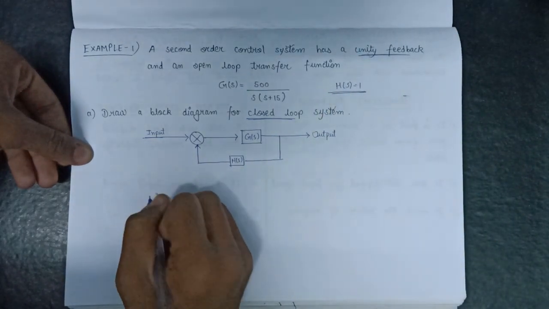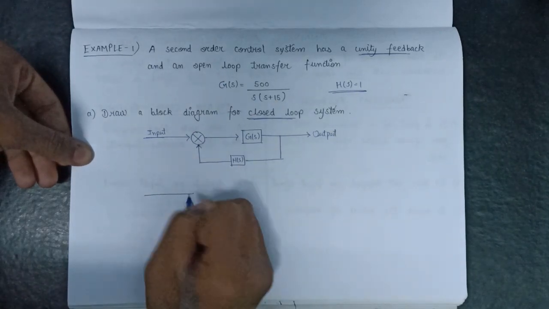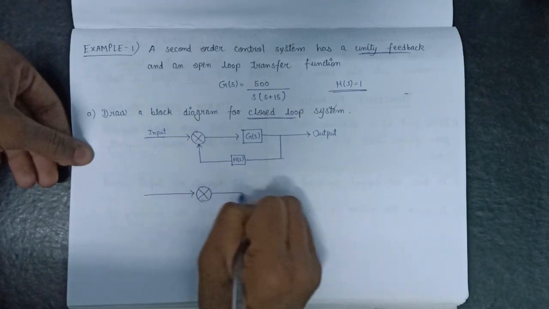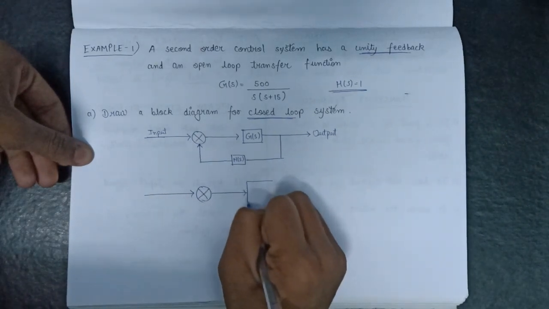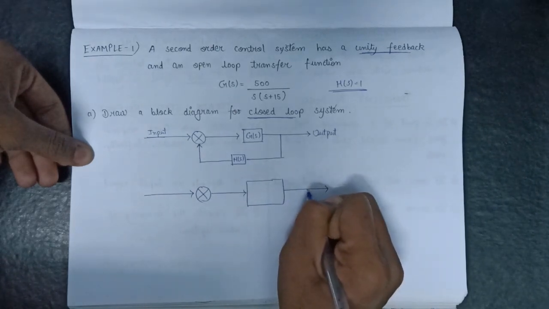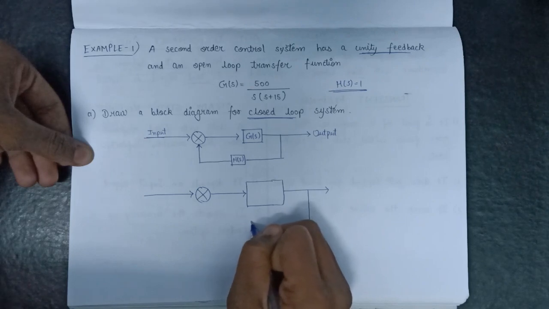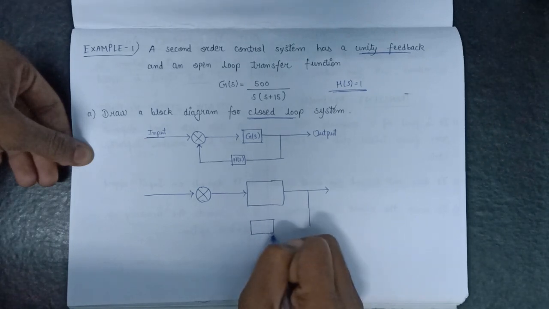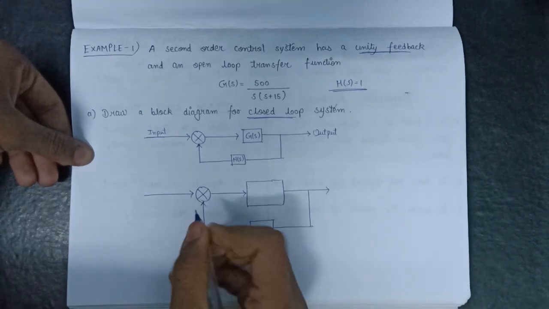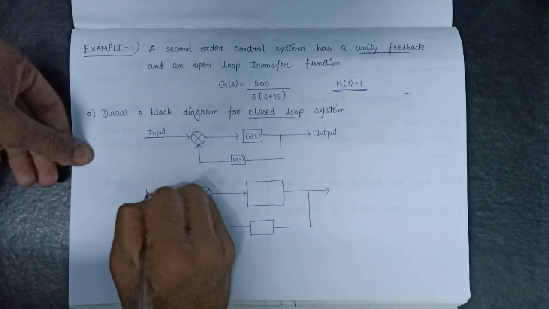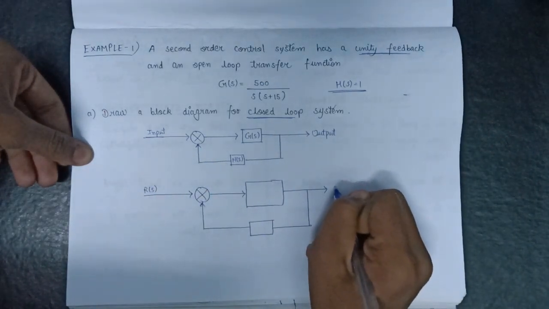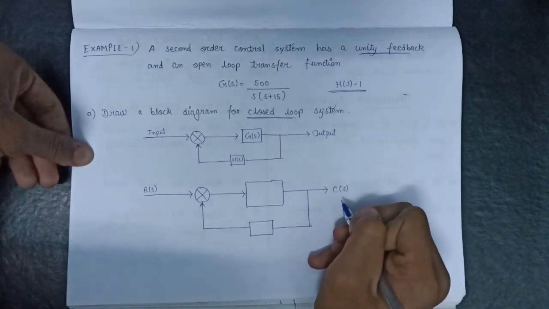So the basic block diagram representation will be similar to this above diagram. The input R of s is applied to this system and we get an output as C of s.